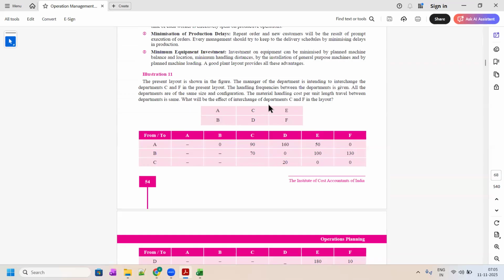Everything is assumed constant: the department size is the same, and the material handling cost from one department to another is also the same. So the question is: what will be the effect of interchanging departments C and F in this layout? Is this change ideal, or should we not change the departments? That is your question. I hope you have understood the question.